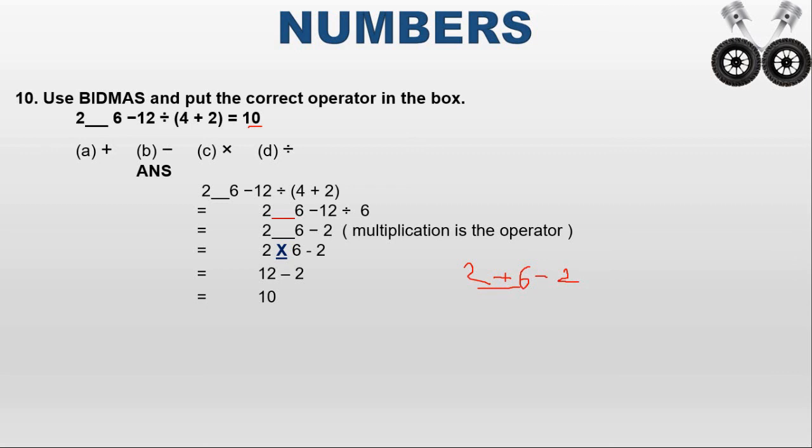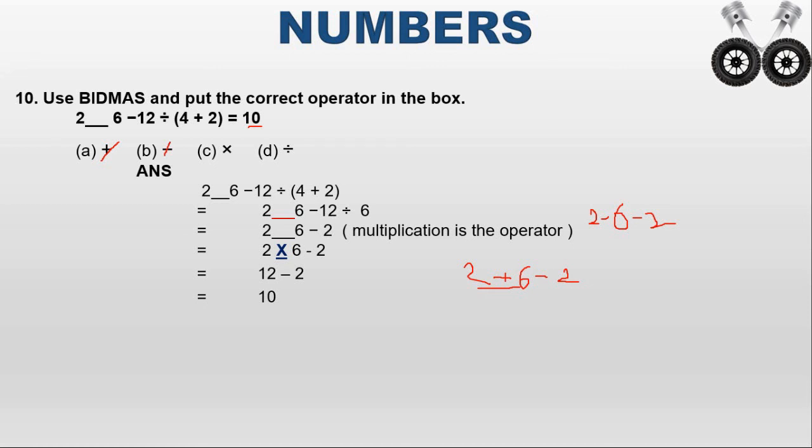So it will not be 10. So option A is wrong. Okay, next I have to choose subtraction. So I can check 2 minus 6 minus 2. Okay, 2 minus 6 is minus 4. Minus 4 minus 2 will be minus 6. So again that is also wrong.